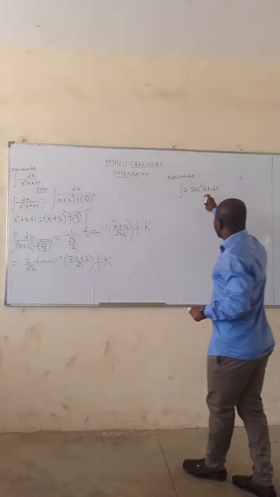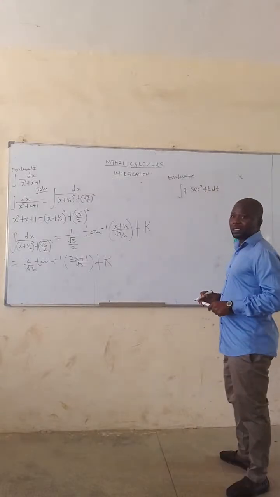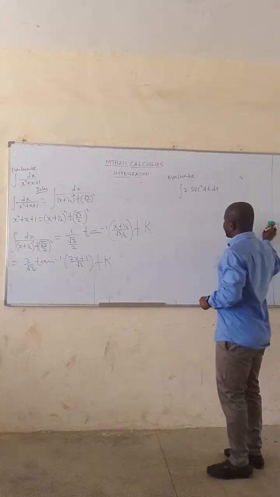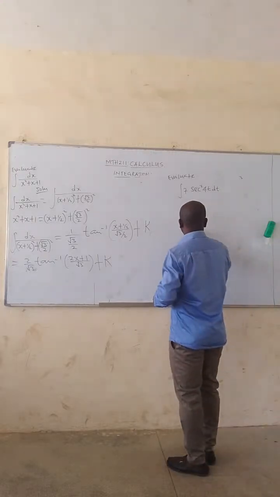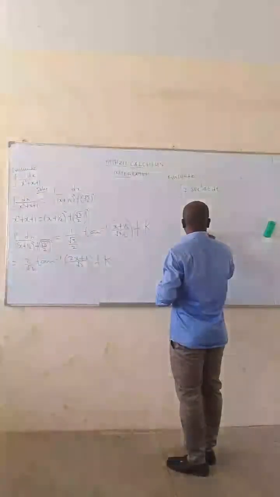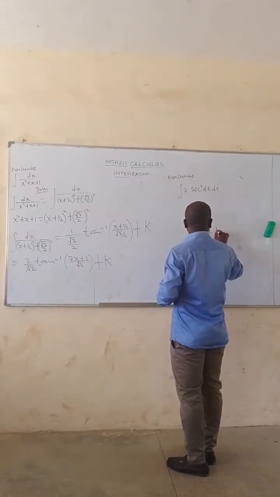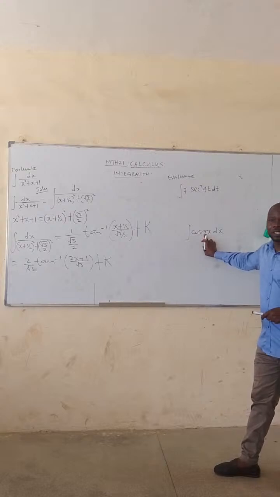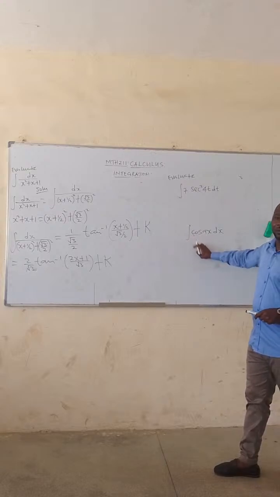No, this is 4 now. It's not 3. The other day I told you that if you are to integrate cos ax dx, you use this constant to divide what is here after integration.